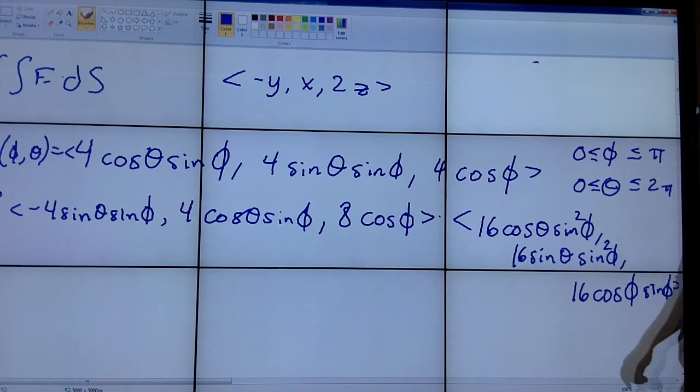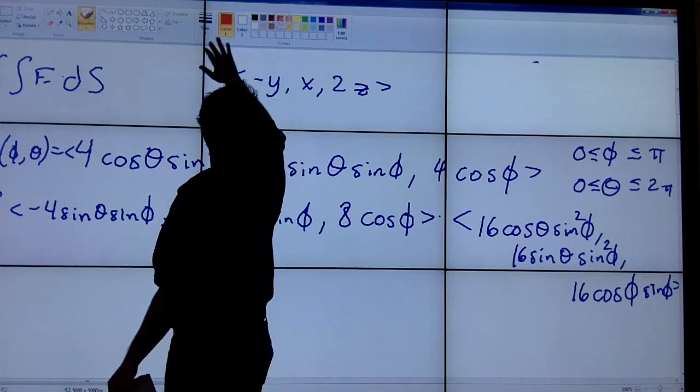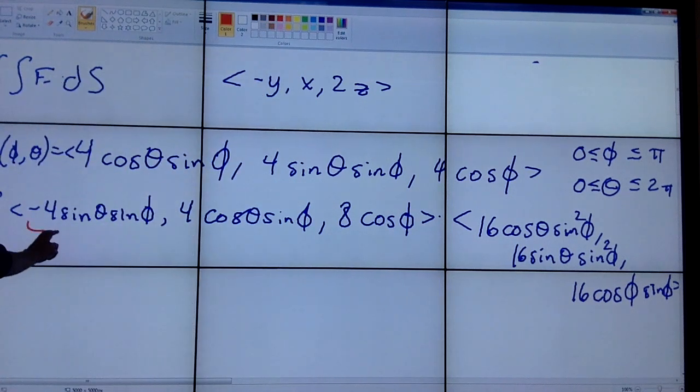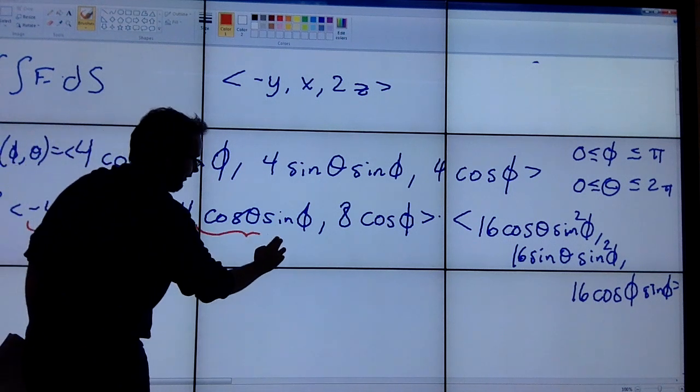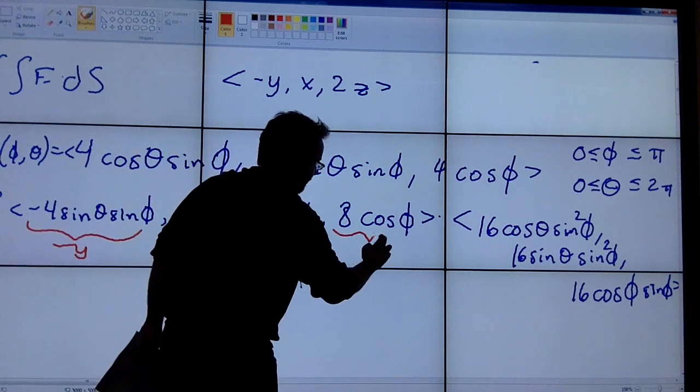At the very least, I do want to come back and make sure you understand where I got this. What is this? That's from the original function. What variable is this? Negative y, comma x, comma 2z.